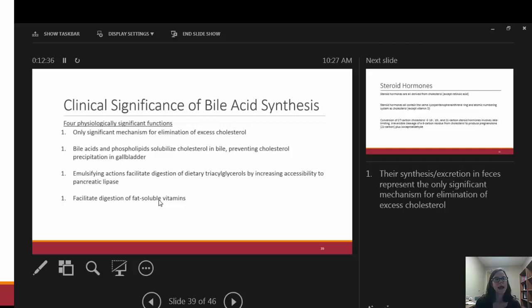So bile acids have 4 physiologically significant functions. Number 1, their synthesis and excretion in the feces represents really the only significant mechanism for eliminating excess cholesterol. I'll say number 1, but I think you can get 2, 3, 4.